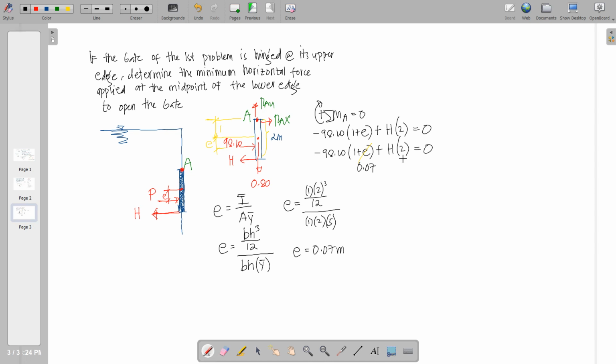So manipulation of the equation and solving for the value of H would be equal to 52.48 kilonewton. So this will be the answer to this problem, or the required horizontal force to open the gate when it is hinged at the upper portion of the gate.